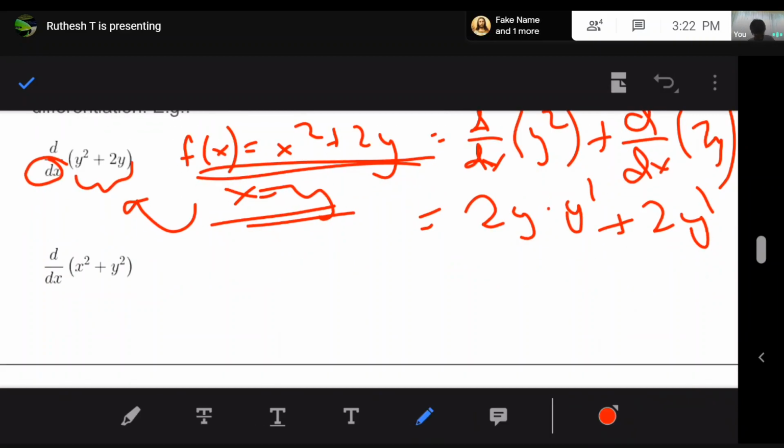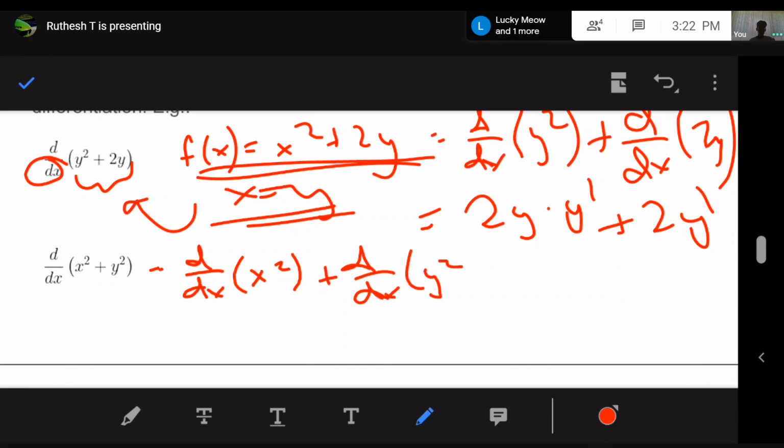And then the second one, we can do the same thing, split it up again. So the first mini problem becomes the derivative of x squared, and then you add it to the derivative of y squared. So the first mini problem, it's just 2x, some trivial power rule, and for this we need to use implicit differentiation again.